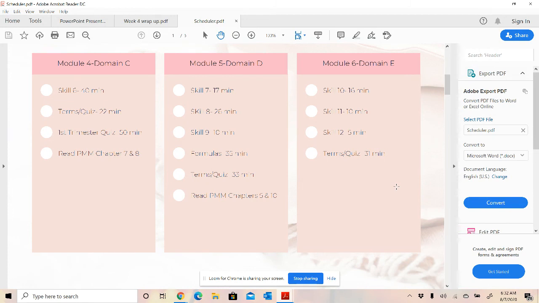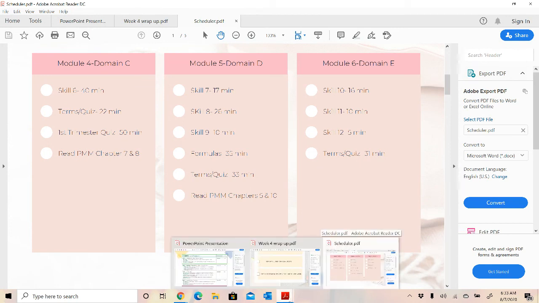If you aren't caught up yet, if you're still maybe in this C or D, this is a really good week to catch up, because you will not need an entire week to go over this domain. You could probably knock this out in a day or 2. So if you have some extra time, go back, or if you're not already at E, then you can definitely catch up this week. So domain E coming up next, and that's it.